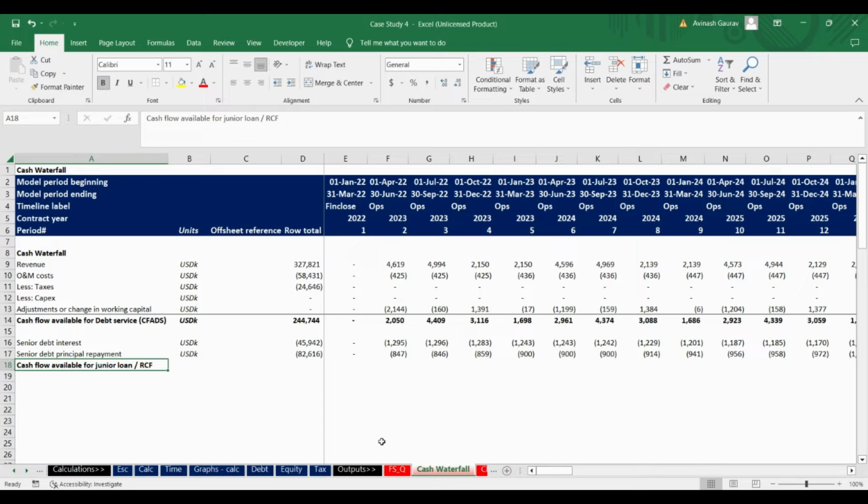If you don't have a junior loan, then you can simply say that this is the cash flow available for RCF. Now, since in our model we don't have any junior loan, we can say this as a cash flow available for RCF. So RCF is basically your revolving credit facility, and it's also, I would say, an advanced modeling technique.